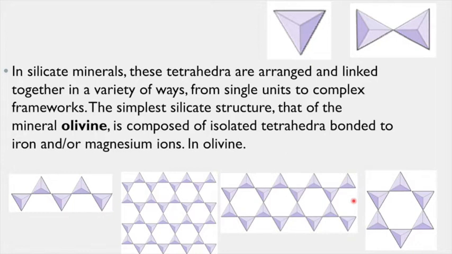The silicon atom, which is much smaller, as I told you, compared with the oxygen atoms, sits at the center. Now the 4 oxygen atoms remain unshared in this situation because this tetrahedra does not share its oxygen with any other tetrahedra.